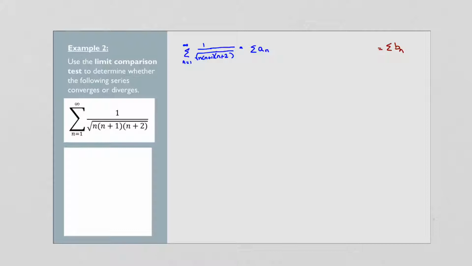Well, to decipher what b sub n is, usually I take my a sub n series and look at it a little more deeply. Let me actually multiply out that polynomial underneath the radical in the denominator.